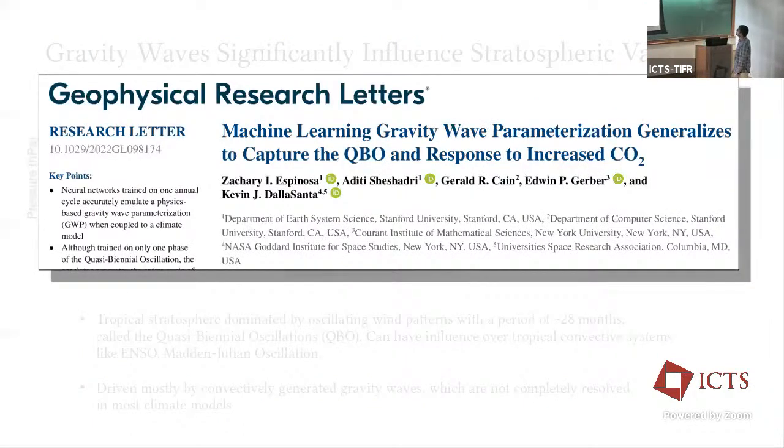Now, that's where this study comes in, which was published in GRL last year. This Espinosa et al. study creates a machine learning emulator to emulate gravity wave parameterizations in intermediate complexity models.